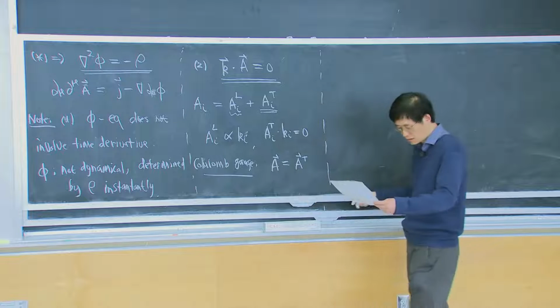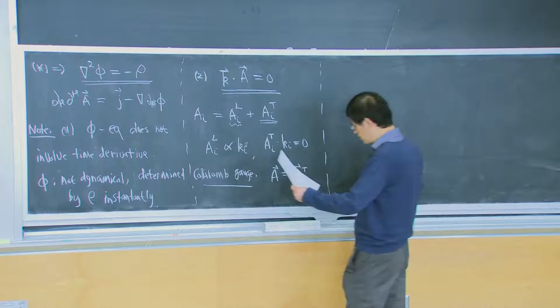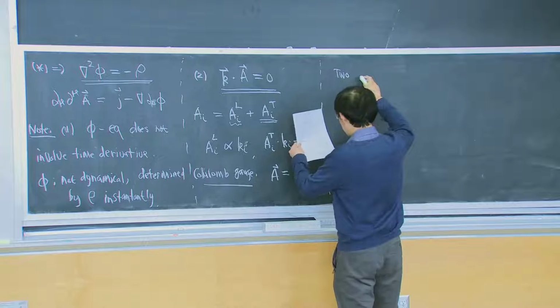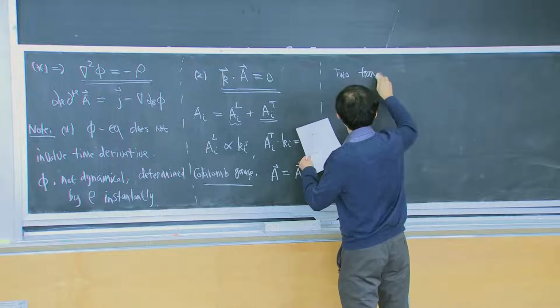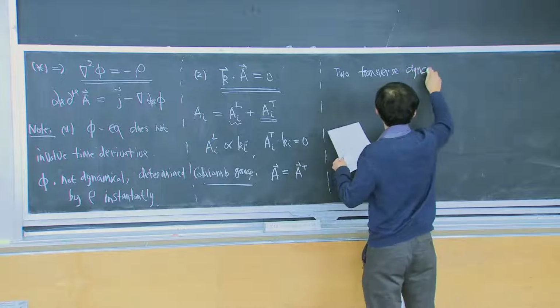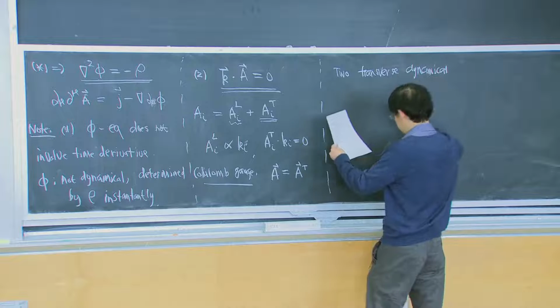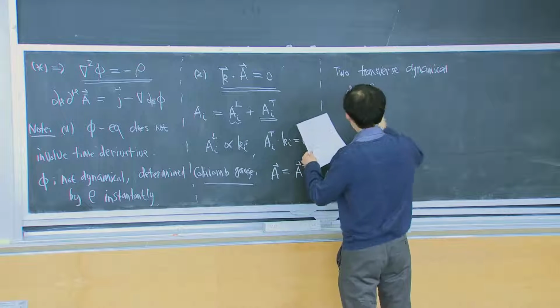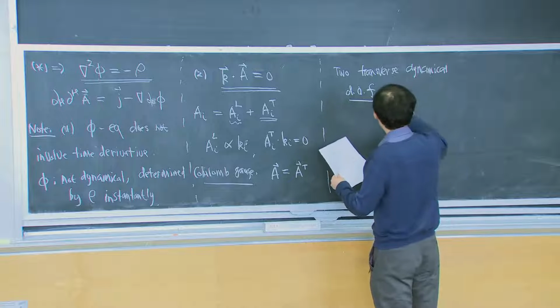So we find there are only 2 transverse dynamical degrees of freedom. And indeed, these are the 2 polarizations.